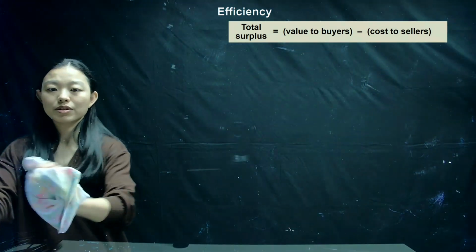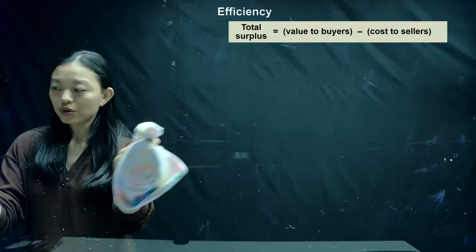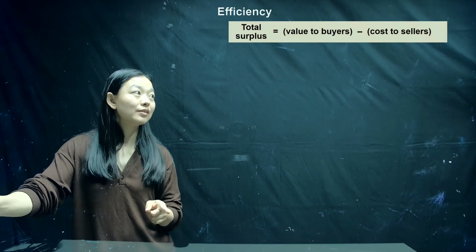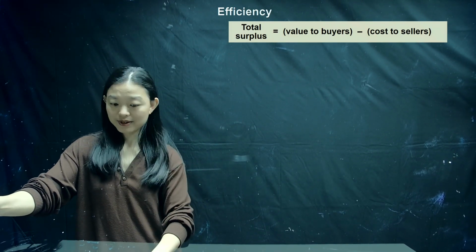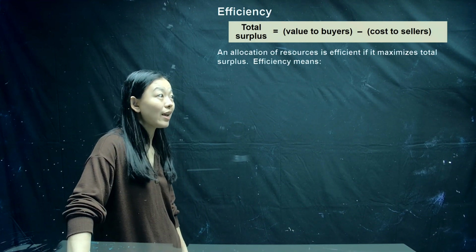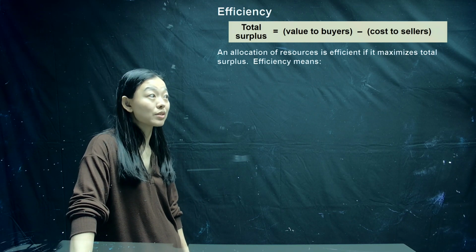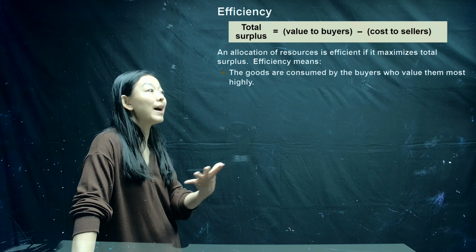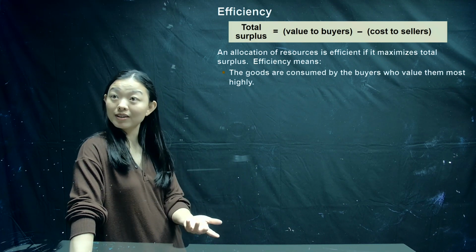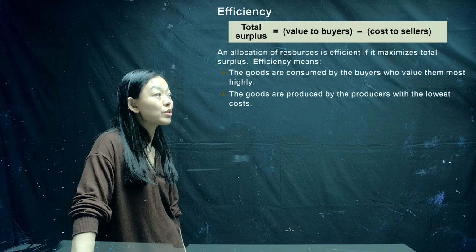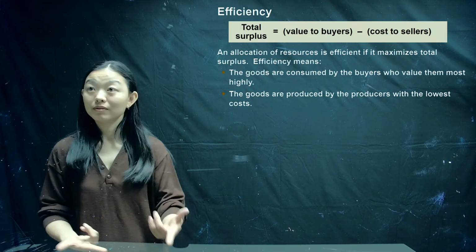As we just talked about, total surplus equals value to buyers subtract cost to sellers, right? So the allocation of resources is efficient if it maximizes the total surplus. Efficiency means the goods are consumed by the buyers who value them most highly, and the goods are produced by the producers with the lowest cost. Make sense?